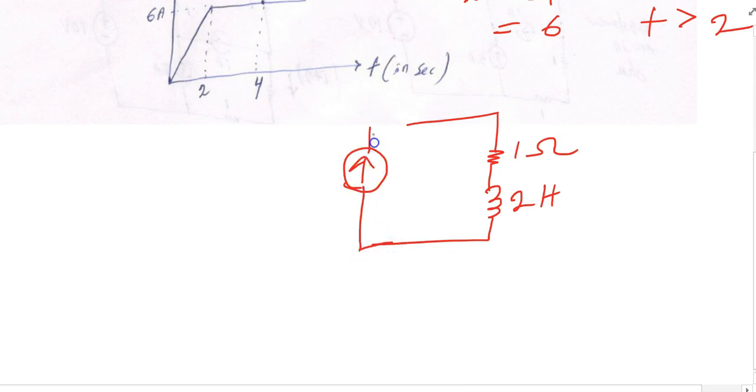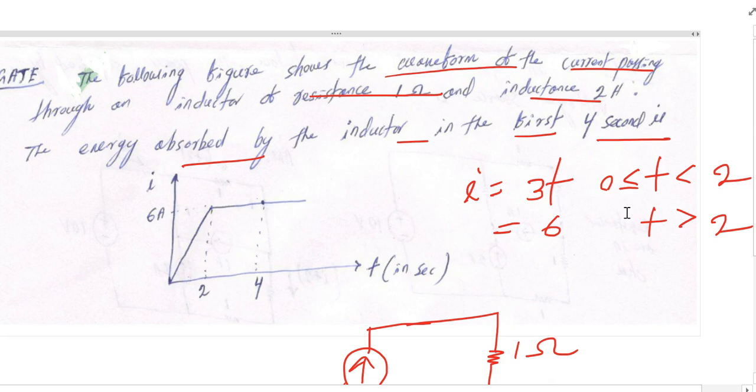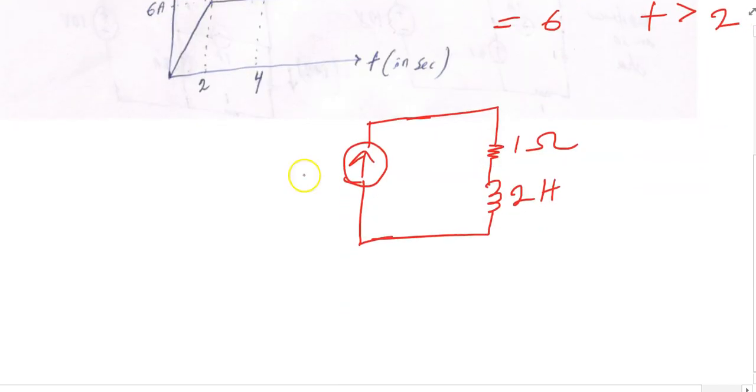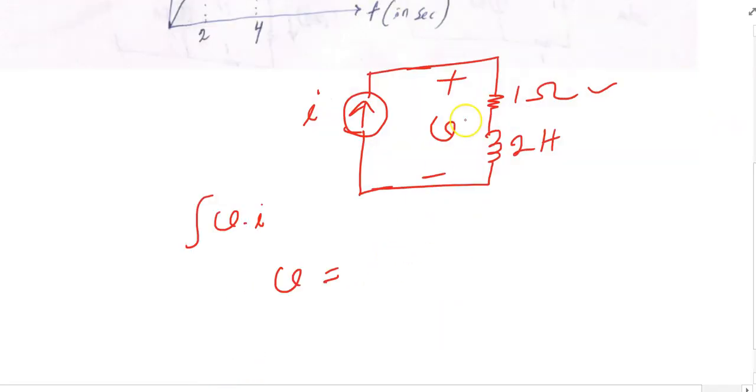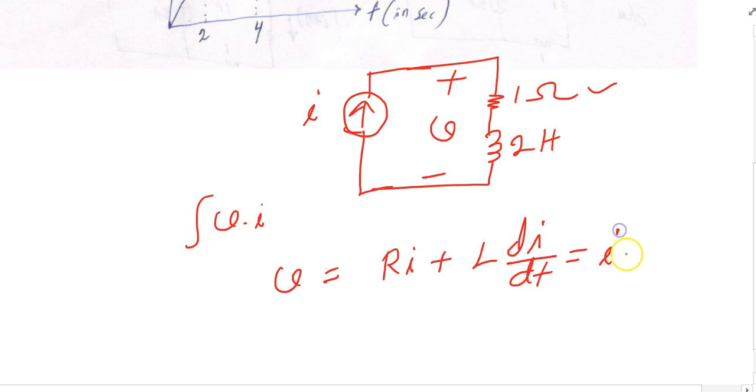It asks for the energy absorbed by the inductor in the first 4 seconds. For energy, you know, it should be V into I. We have I, but we don't have V. Let us calculate V. V equal to R into I plus L di upon dt, which is I plus 2 di upon dt.